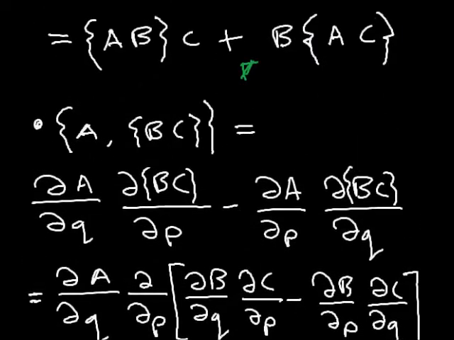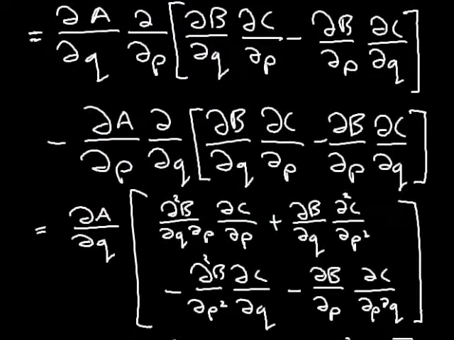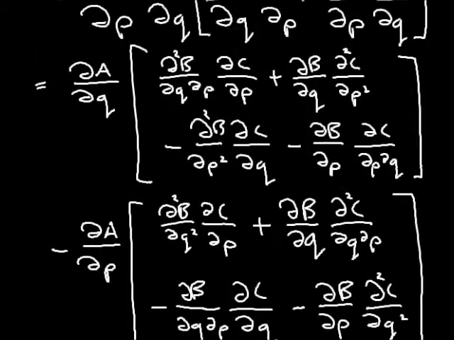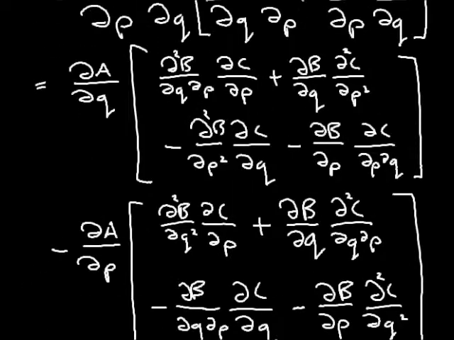Let's say you find this Poisson bracket, then Poisson it with another function, A. This is what you get. Now imagine the functions A and C swap places, and you subtract. In other words, we are now calculating this quantity. What does it equal? When A and C swap places, this term cancels with its identical counterpart.